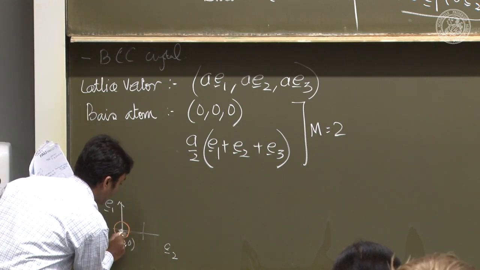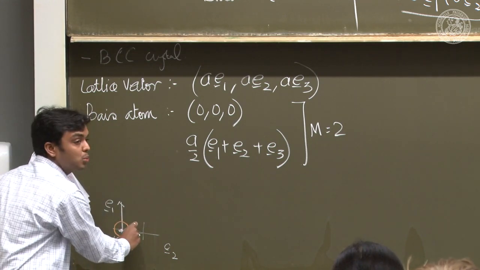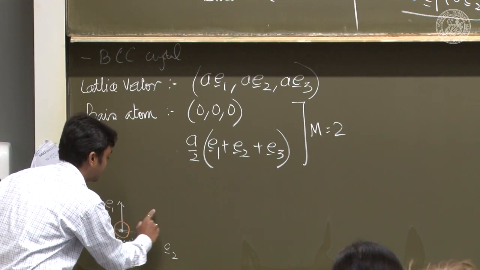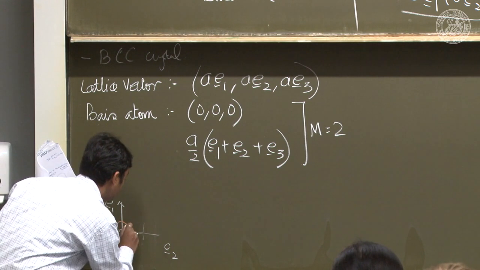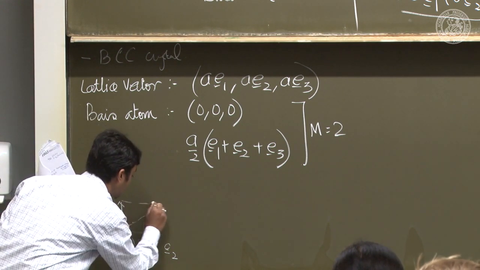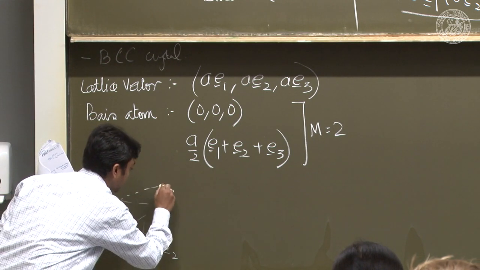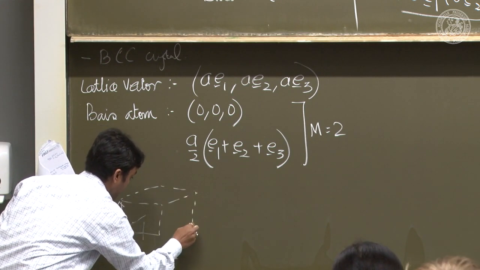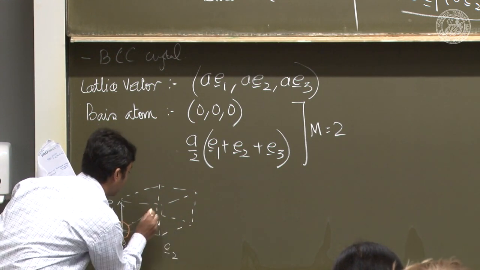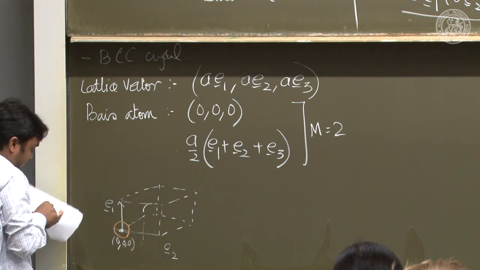If I go a by 2 e2 in this direction, a by 2 e1 in this direction, and a by 2 in the e3 direction, I'll form an atom here.